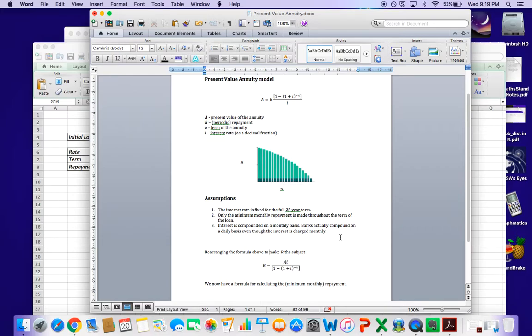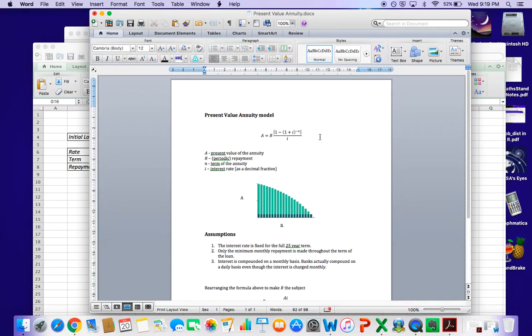Now, in the end, it turns out that compounding daily versus compounding monthly doesn't make too much of a difference, although it does favour the bank. The more often money is compounded, the more money that the bank will make that way. Good. So that's looking at this model here that will be at the heart of our calculations here in the spreadsheet.